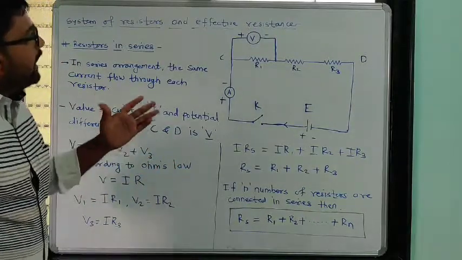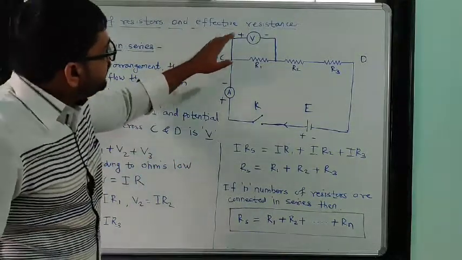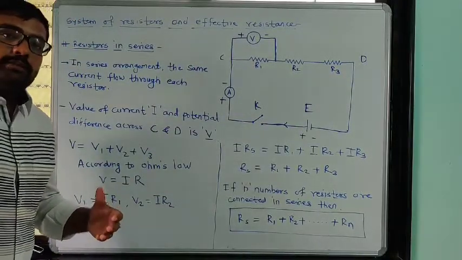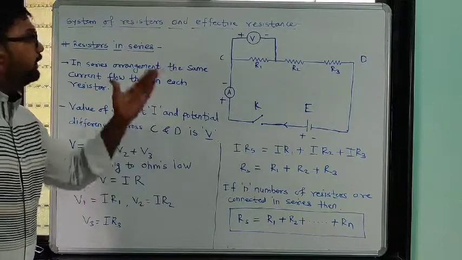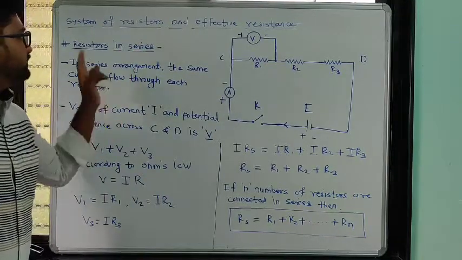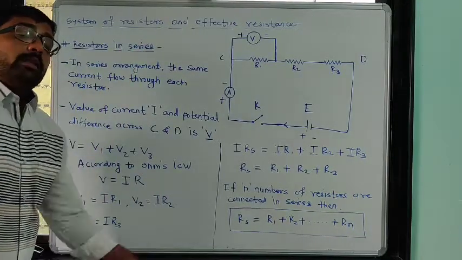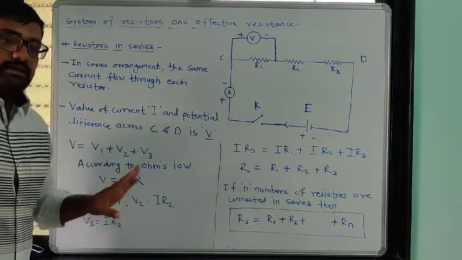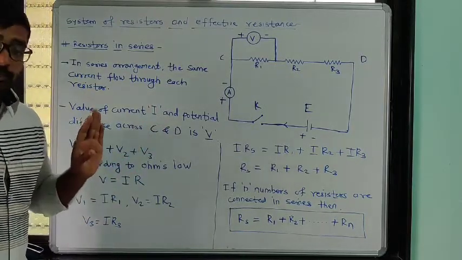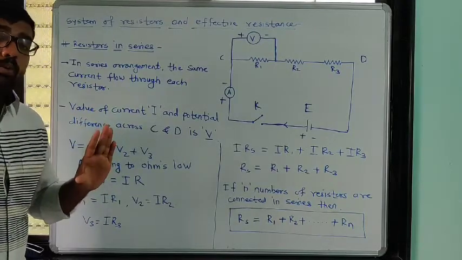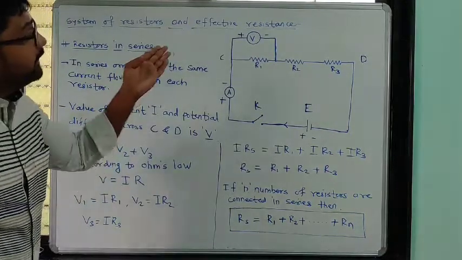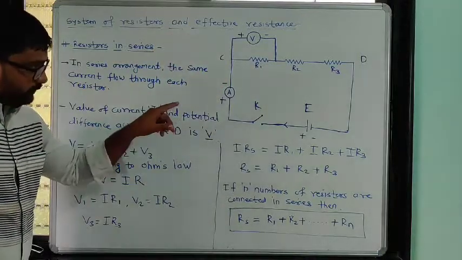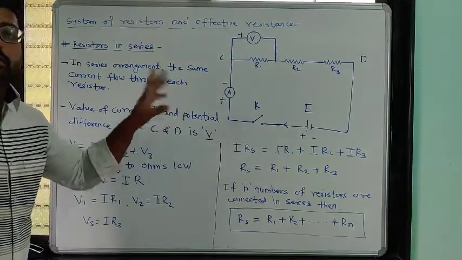And what will be the effective resistance if you connect two or more resistors in different ways? Simply, we use the word system here. So if you connect two or more resistors in a circuit at a time, what will be the effective resistance of all those resistors, that we have to see in this topic.